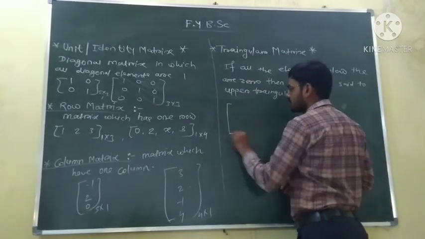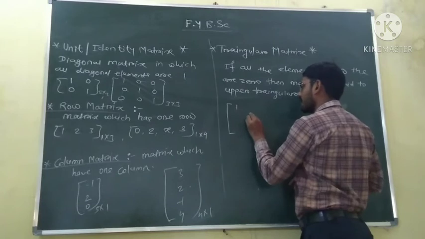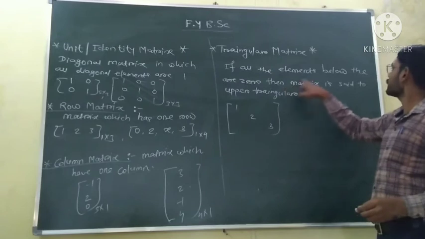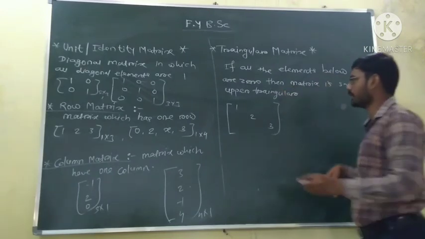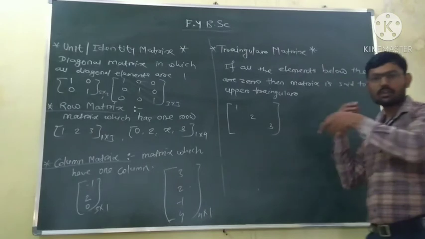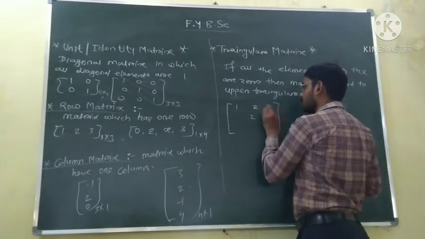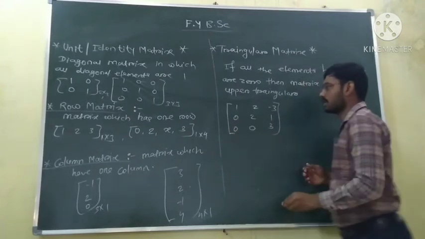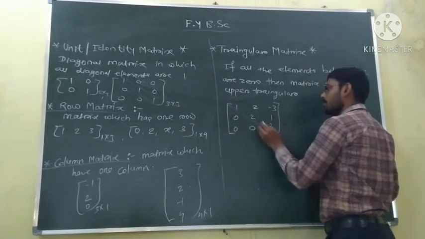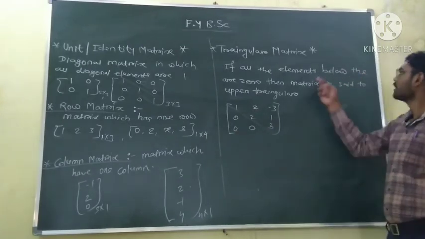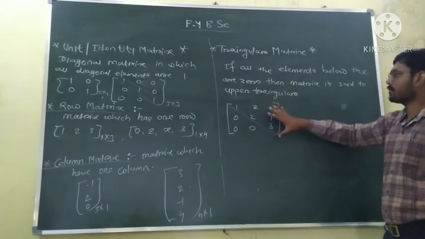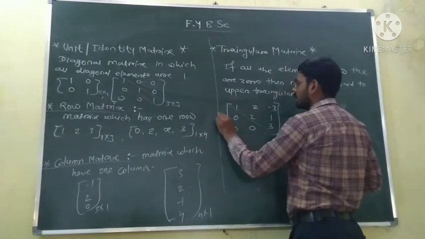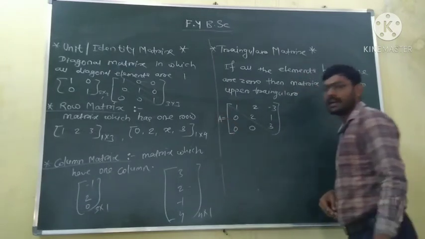For example, this is the diagonal, say 1, 2, 3, and all the elements below the diagonal are 0, while above the diagonal they may be zero or non-zero, say 2, -3, 1 and 0, 0, 0. Now all the elements below the diagonal are 0, so this matrix A is said to be an upper triangular matrix.